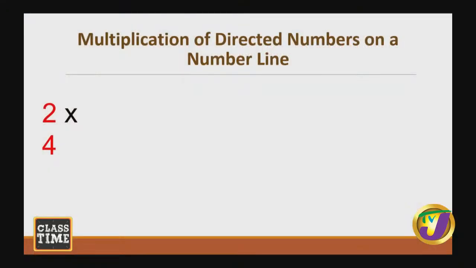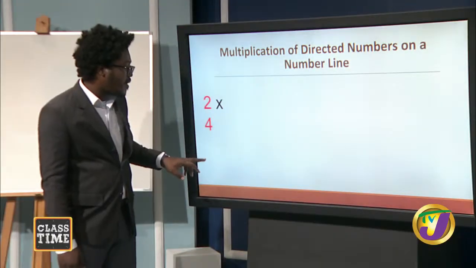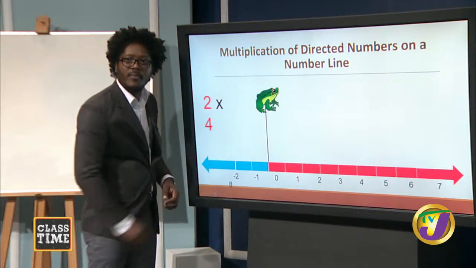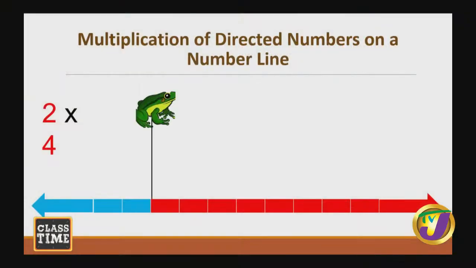The first number, because it's positive, tells me that Froggy is going to be facing to the right. So let's get up our number line. Let's put our Froggy on our number line, facing in the correct direction. He's facing right. Now, Froggy is going to make 2 jumps, and each jump is going to be 4 spaces.